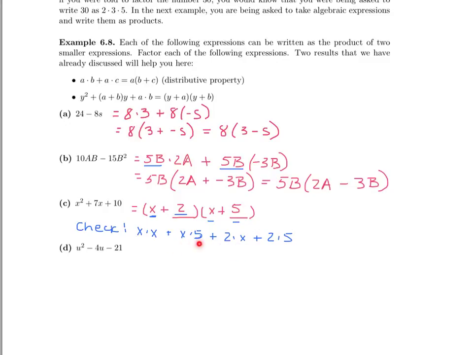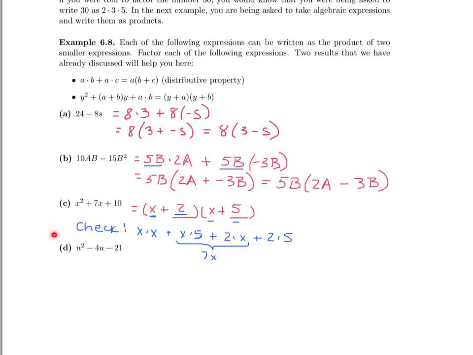Well, x times 5 is 5x, plus 2x. 5x plus 2x gives 7x, which is exactly what we needed. So we've done a check. When we multiply this back out, we do arrive at this. That's a good idea whenever you're factoring, to go ahead and do a check like this, multiply it out so you know you've factored correctly.